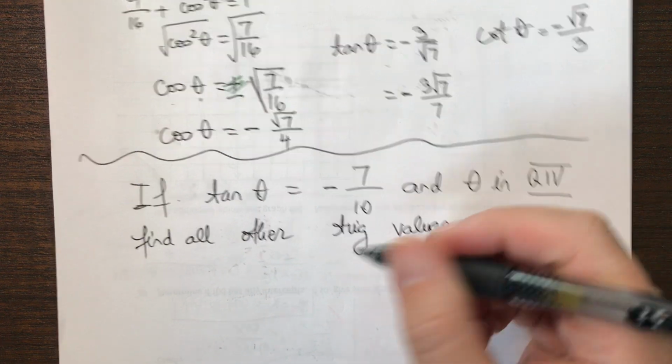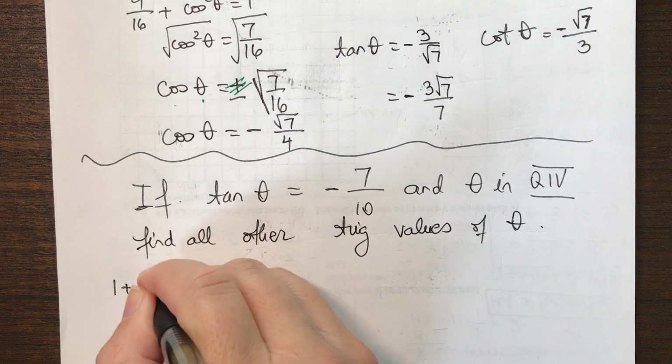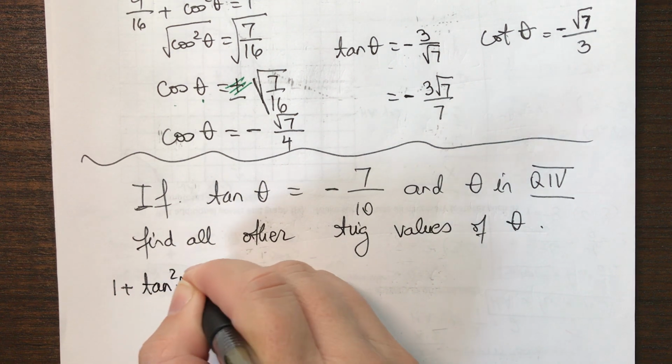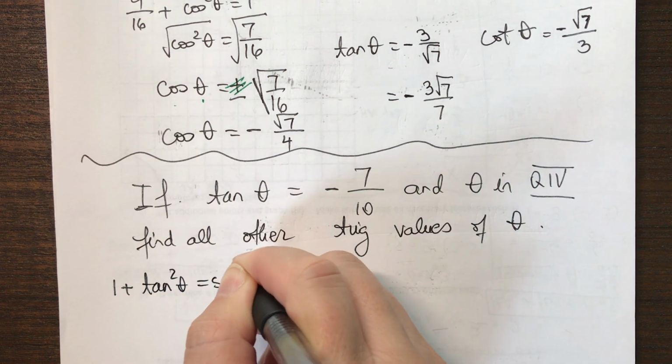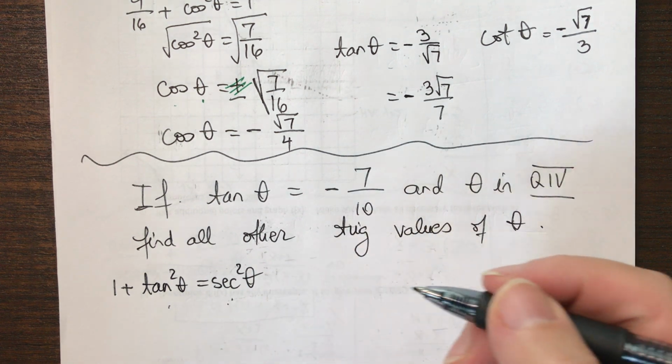So one trigonometric identity that we had told us that 1 plus tangent squared is equal to secant squared. So here I'm making my leap from a tangent to a secant, and secant's the reciprocal of cosine, so that's how we're going back to that.